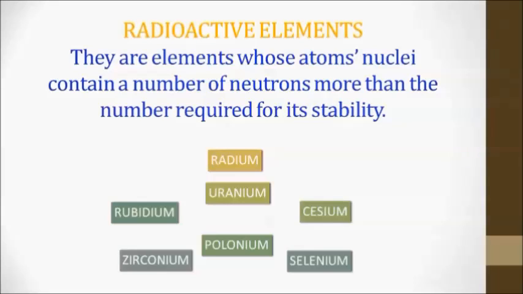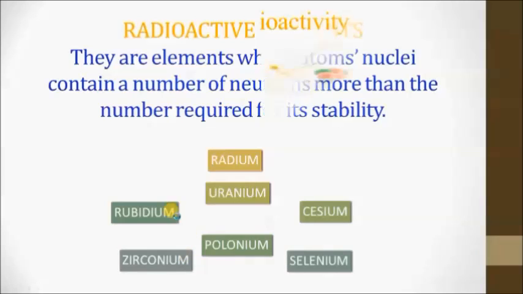So radioactive elements are elements whose atoms and nuclei contain a large number of neutrons, more than the number required for stability. For example, radium, uranium, cesium, selenium, polonium, zirconium, and rubidium.